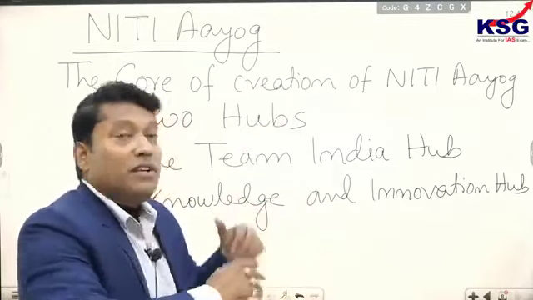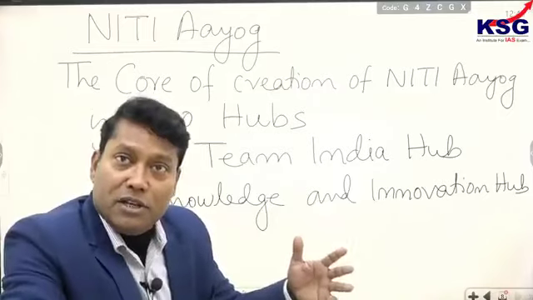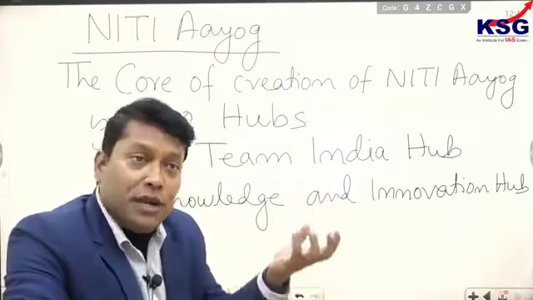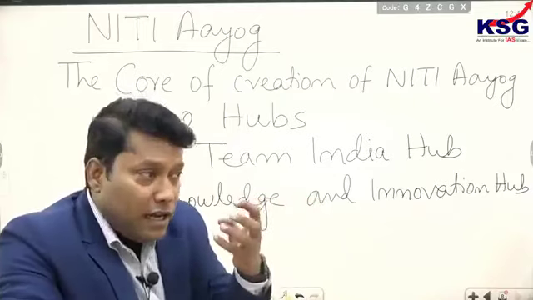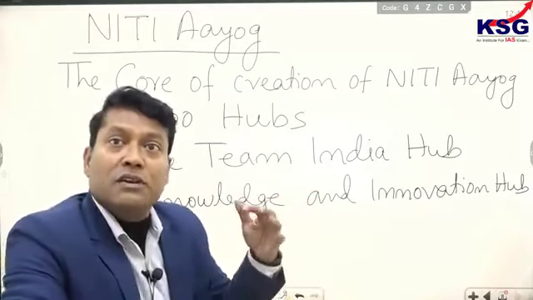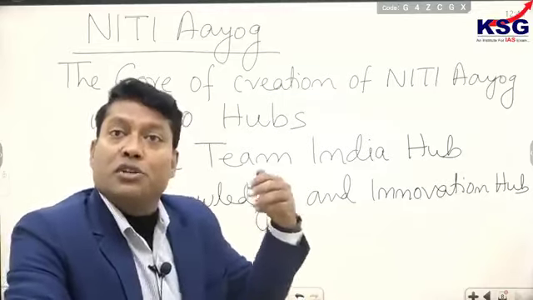That is the motive of Niti Aayog. Any decision related to planning and development, we can make together. We can sit together and take decisions together, and if any state has issues and problems, they will be sorted out and included, and then we take a unanimous decision.